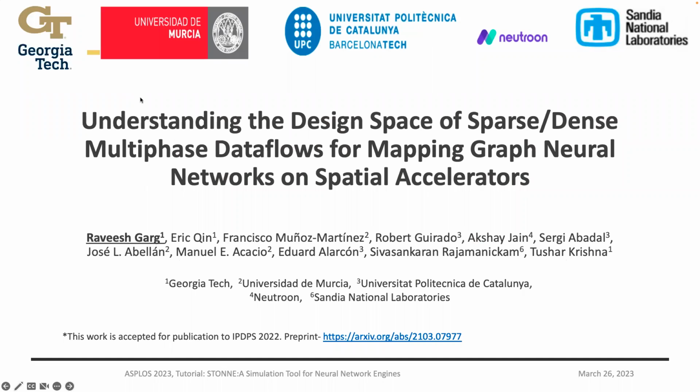Hi, so I'm Ravish and I'll be presenting the next part of the tutorial, which is understanding the design space of sparse dense multi-phase dataflows for mapping graph neural networks on spatial accelerators. Oh, actually, let me turn on my camera. Sorry.